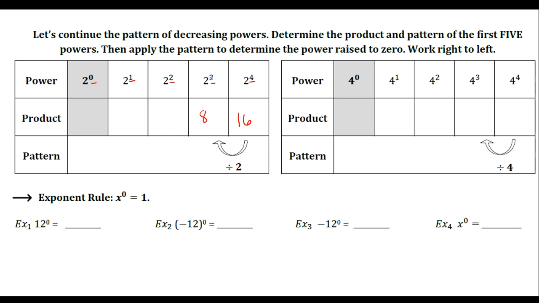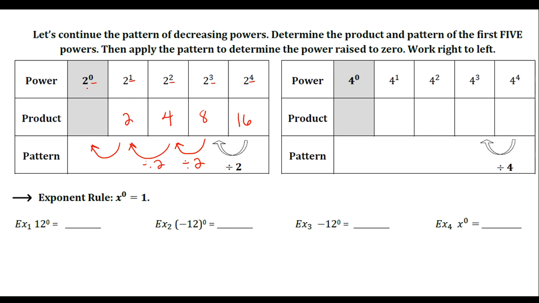And we know 2 to the third is 2 times 2 times 2, which is 8. So again, let's keep going to see what happens as we continue to divide by the base of 2. 8 divided by 2 is 4. Therefore, we know 2 squared is 4. 4 divided by 2 is 2. 2 to the first is 2.